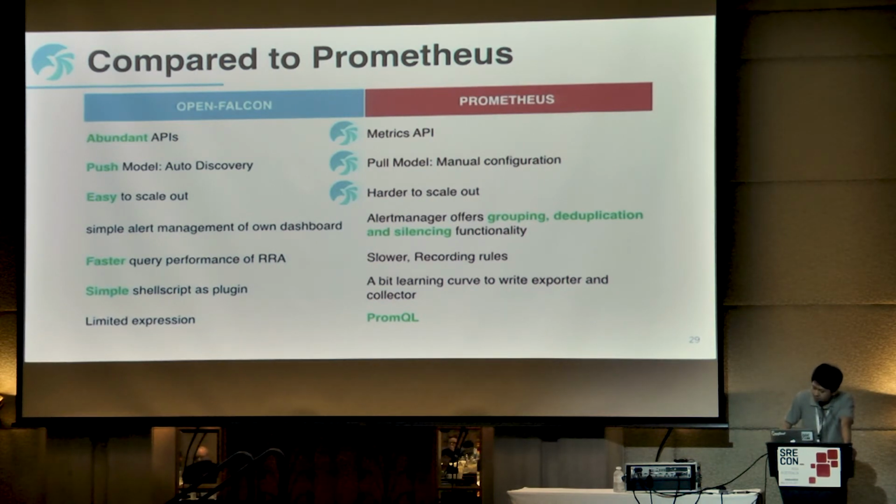Compared to Prometheus, if the data are on different nodes, you could only configure the data source for each Prometheus instance and display them on different dashboards. But Alertmanager has a higher degree of flexibility in alert management, such as grouping, deduplication, and silencing functionality. So this part, Prometheus wins.